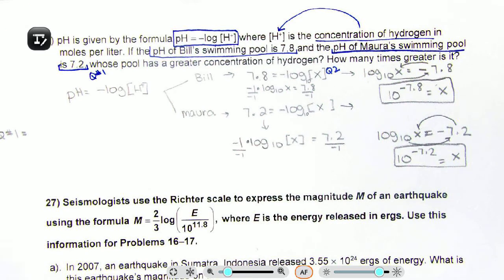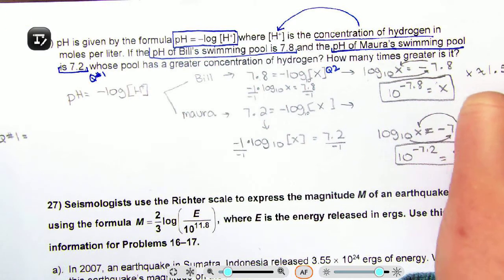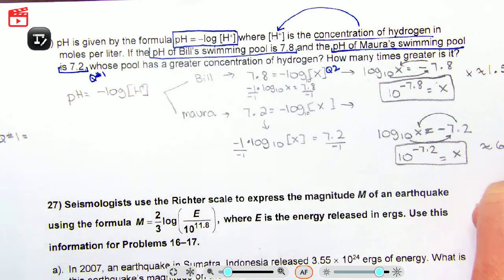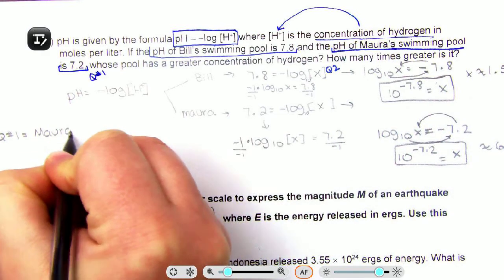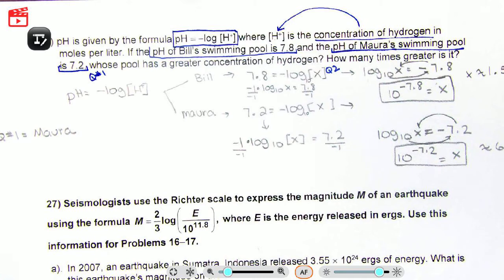So Bill, we're looking at approximately 1.85, and Mara, we're looking at approximately 6.3. So who has a greater concentration? Mara. And then how many times? So what I'm going to do is 1.58 divided by 6.3.